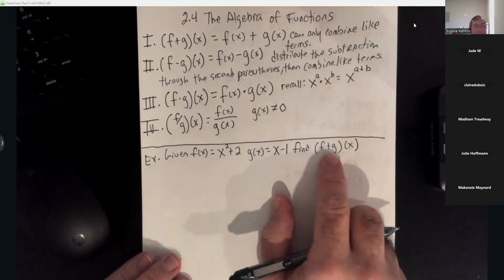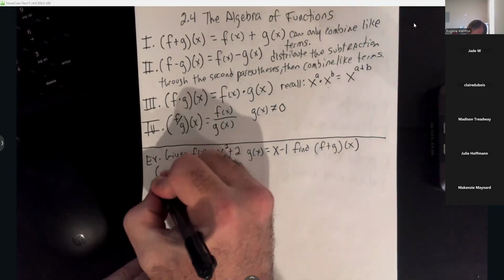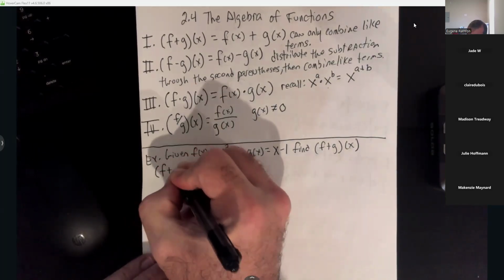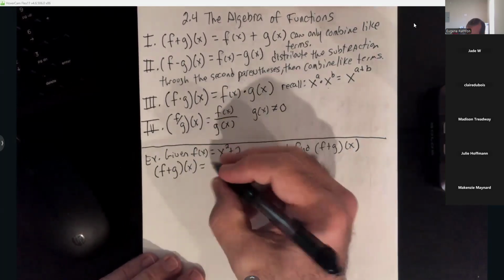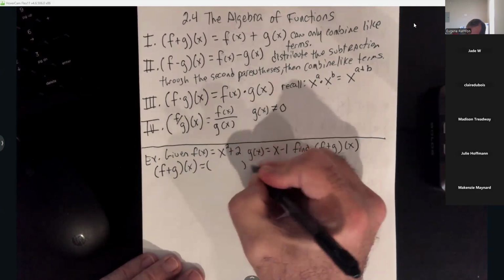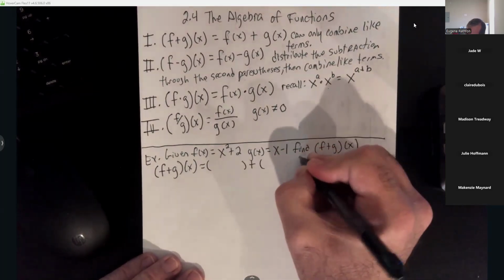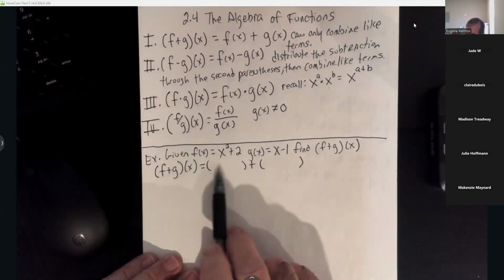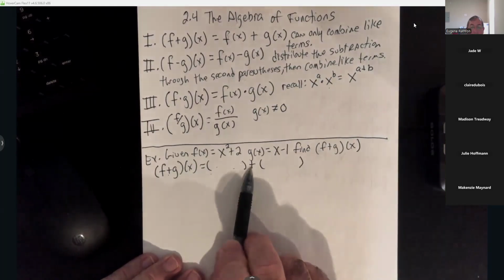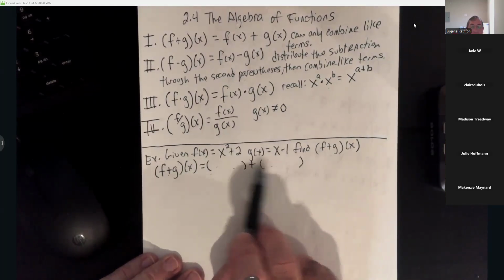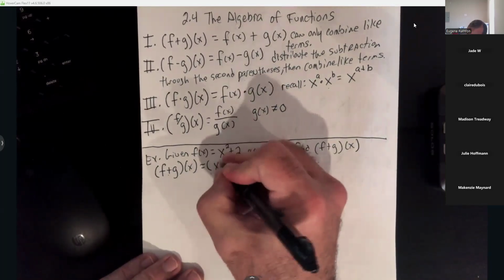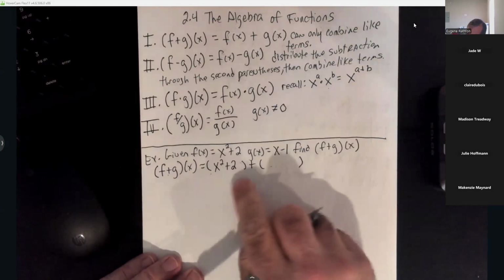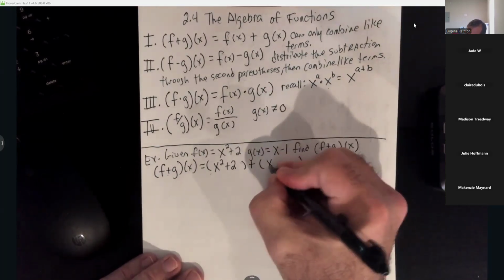All right, so when I first start these out, I'm going to come over here and do f plus g of x. I always start out by putting my functions in parentheses. So since I'm adding, I'm going to have my first function added to my second function. Well, f was x squared plus 2, and g was x minus 1.